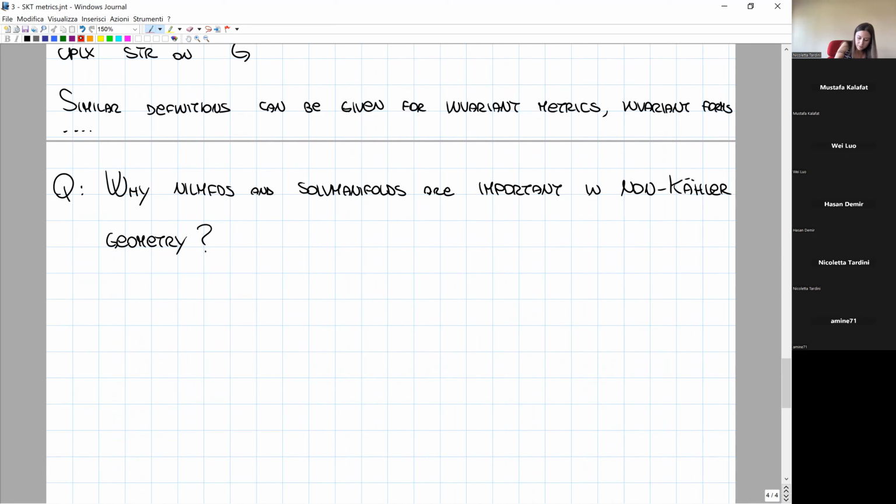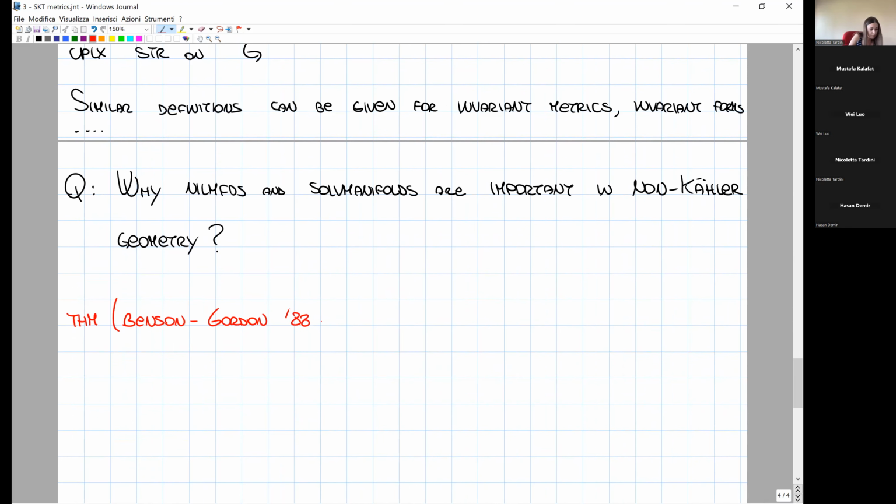Well, because first of all, we have this theorem of Benson and Gordon in '88, and also I should mention Hasegawa, '89. That says the following. A nil manifold, so this quotient with a nilpotent group, admits a Kähler metric if and only if it is a complex torus.